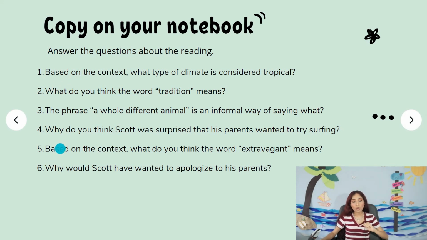Number 4, why do you think Scott was surprised that his parents wanted to try surfing? Okay. Number 5, based on the context, what do you think the word extravagant means? Okay, do you think it is something that is normal, something different? Number 6, why would Scott have wanted to apologize to his parents?